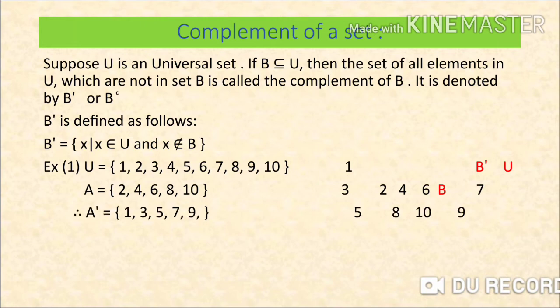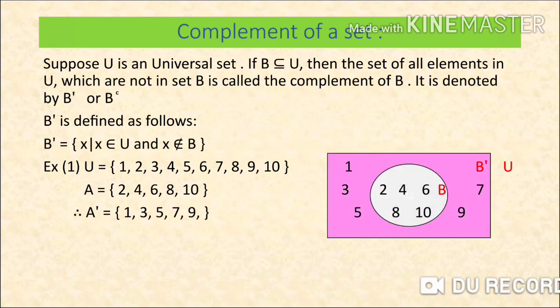Then the elements which are there in the universal set but not in set A are the elements present in A complement. Therefore, A complement is equal to {1, 3, 5, 7, 9}.